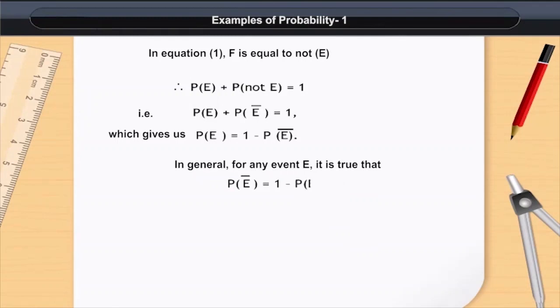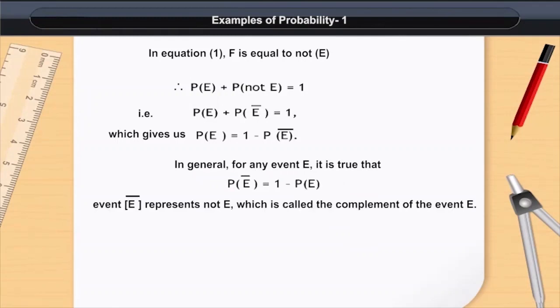In general, for any event E, it is true that P(E bar) = 1 - P(E). The event E bar represents not E, which is called the complement of the event E.